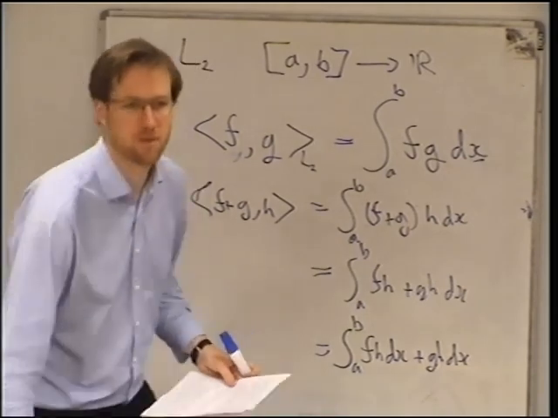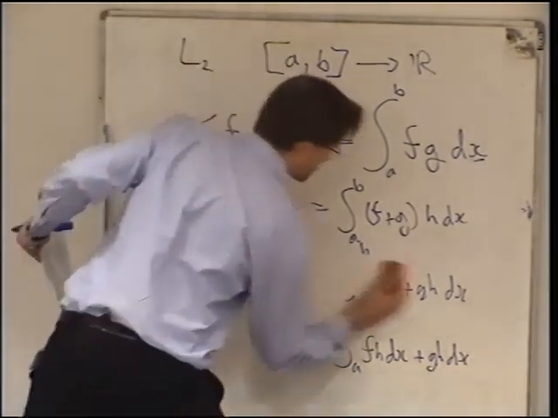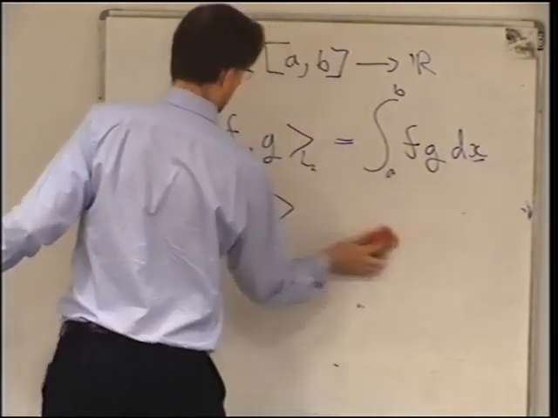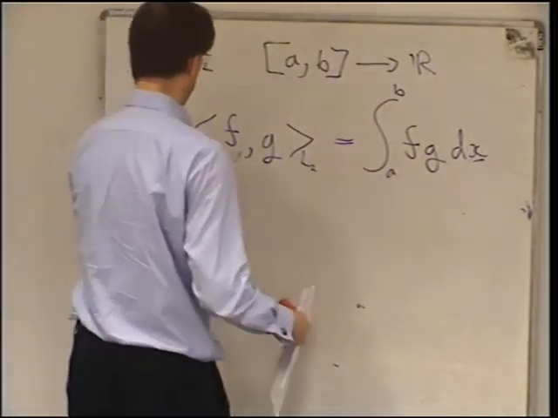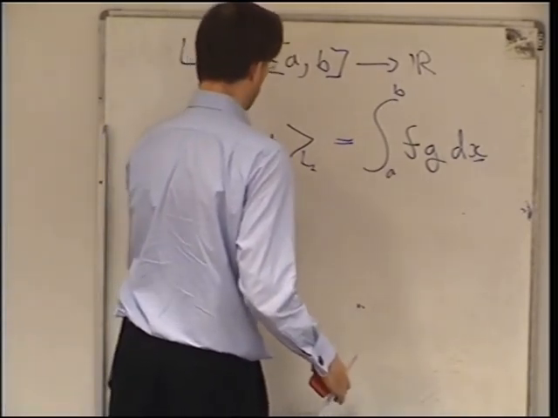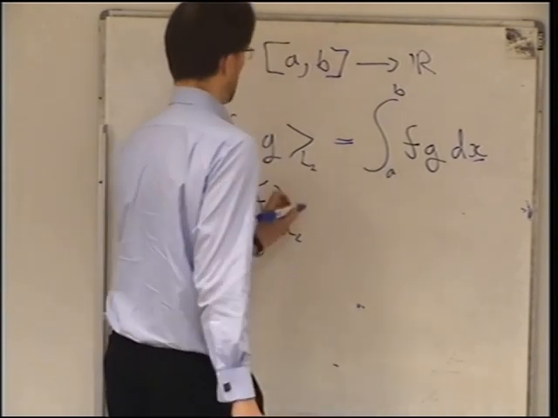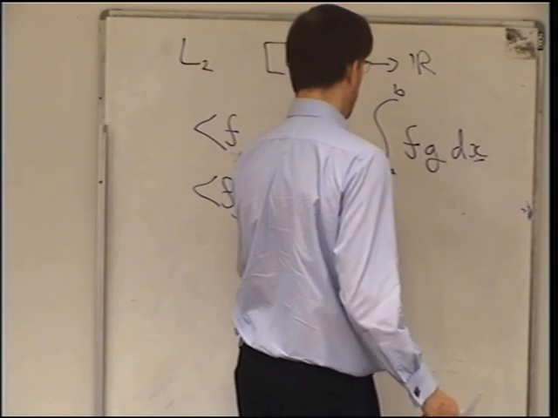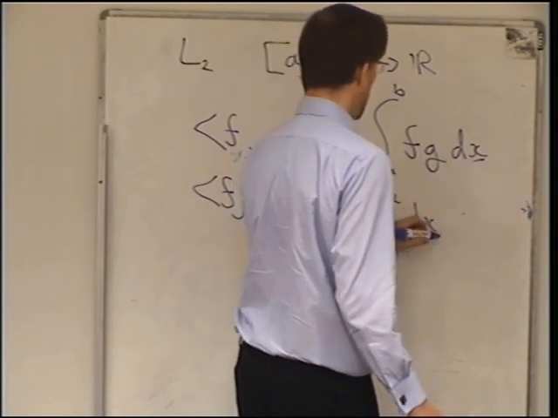And the other one you need is positivity. Well, let's take these off here, back up to here. So positivity says that the inner product of f with itself is equal to the integral from a to b of f squared dx.